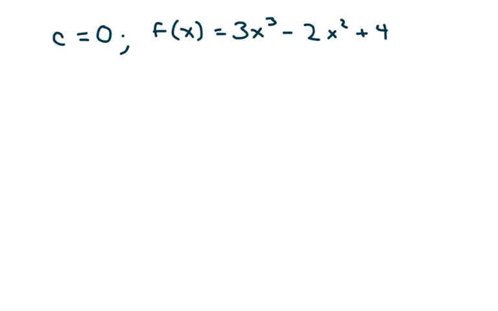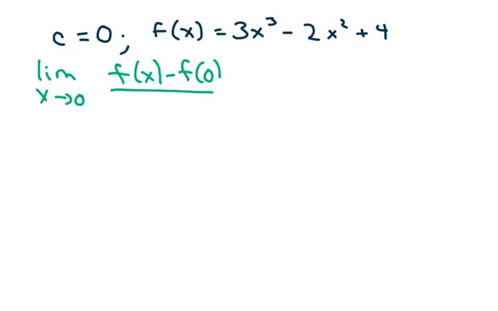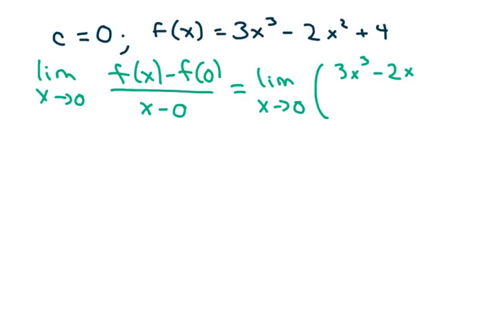Okay, the next one is the limit as x approaches 0 of f of x minus f of 0 over x minus 0 equals the limit as x approaches 0 of 3x cubed minus 2x squared plus 4 minus 4 all over x.